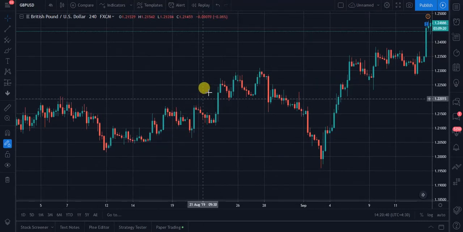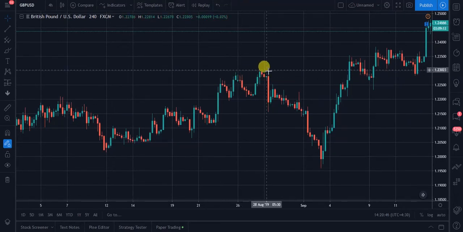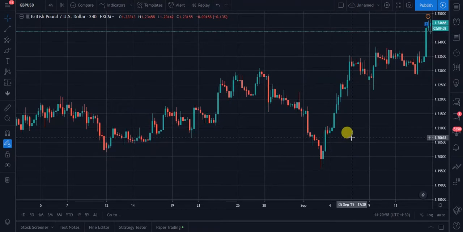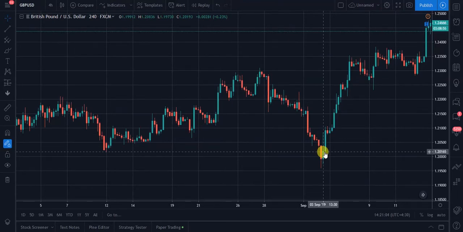For example, if the trend is up, with a reversal candlestick you can identify some good places to short. If the trend is down, with a bullish reversal candlestick, you can go for long or buy.